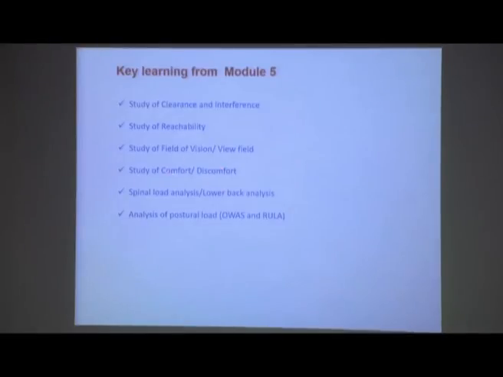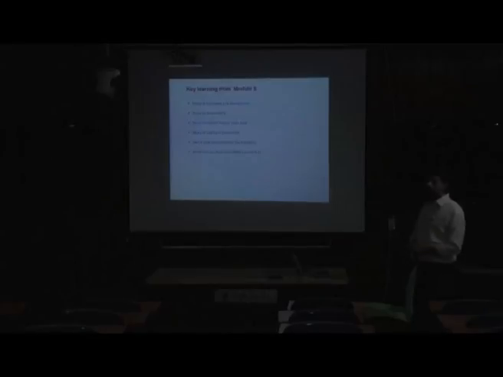Next we discussed comfort and discomfort. Comfort and discomfort analysis in digital human modeling software is performed mainly based on body joint angles, and based on the comfort range of a particular body joint we can define whether that joint is within comfort range or not.